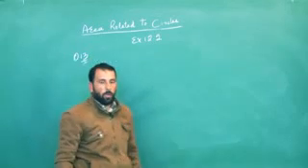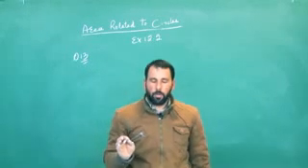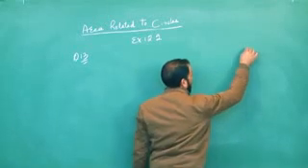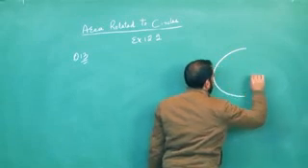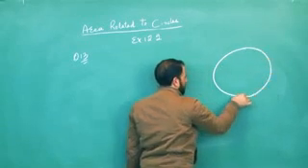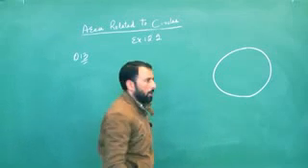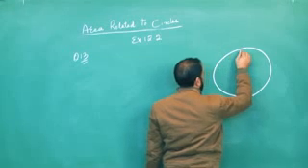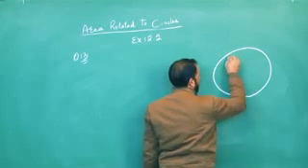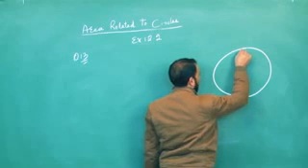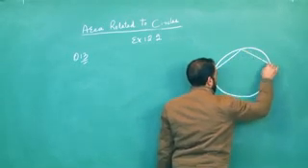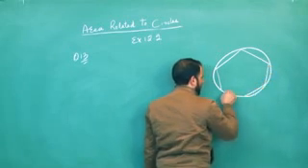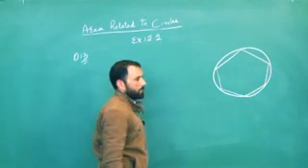We have a round table cover with 6 equal designs as shown in the figure like this. If we draw the 6 equal designs here, 1, 2, 3, 4, 5, 6 are the 6 equal designs.